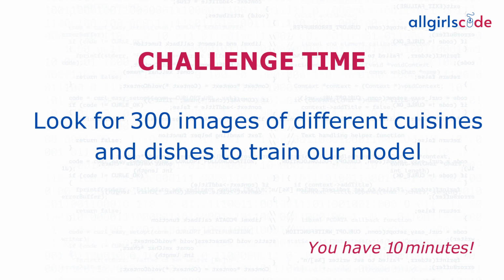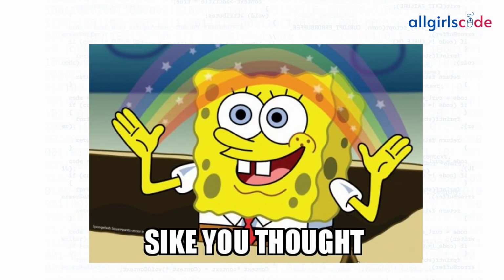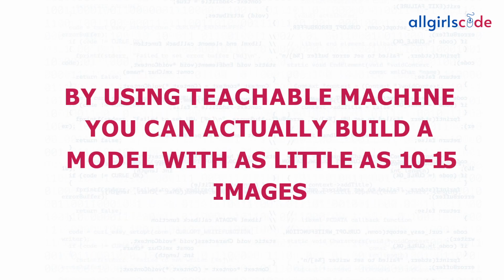All right, find 300 images of dishes in 10 minutes. Sounds intense, right? Just kidding, we don't need that many. Teachable Machine can do wonders with just 10 to 15 images per class.